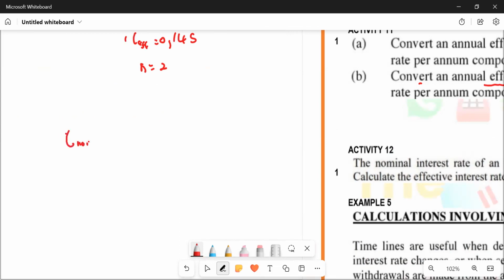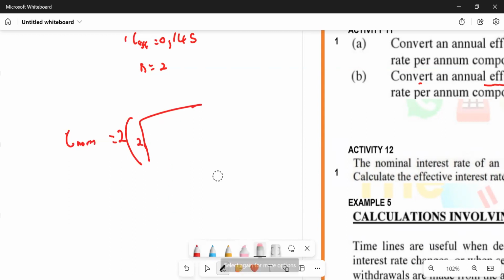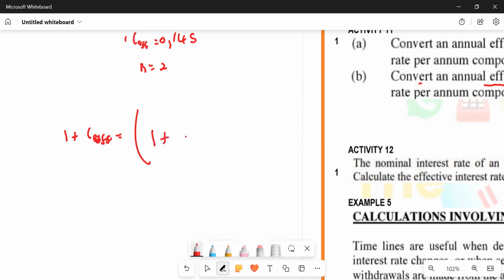Then we can go from the formula that we've already calculated. We have 1 plus i effective, which is equal to (1 plus i nominal over n) to the power of n, like this.